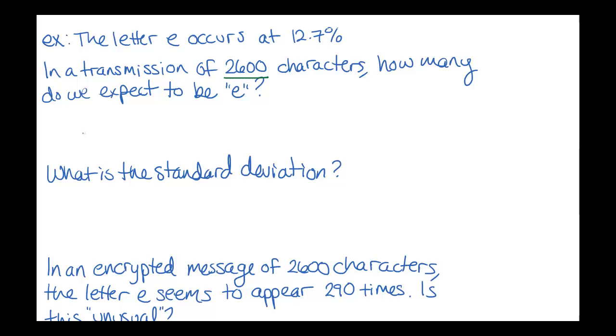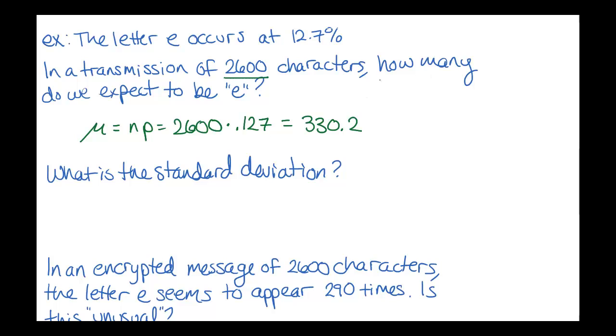This expected value is our mean. Again it is n times p, so 2,600, the number of total characters, times our probability of getting an E, or 12.7%. This comes out to 330.2, so this would be our expected value.